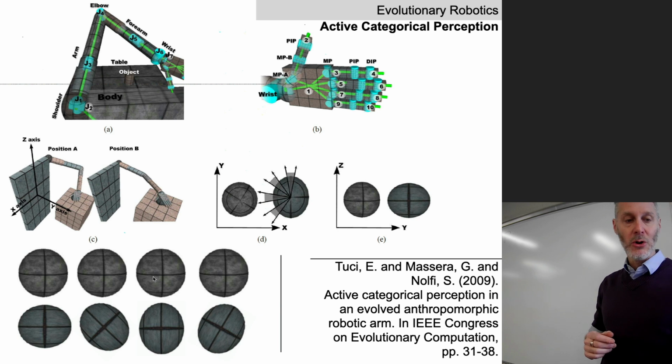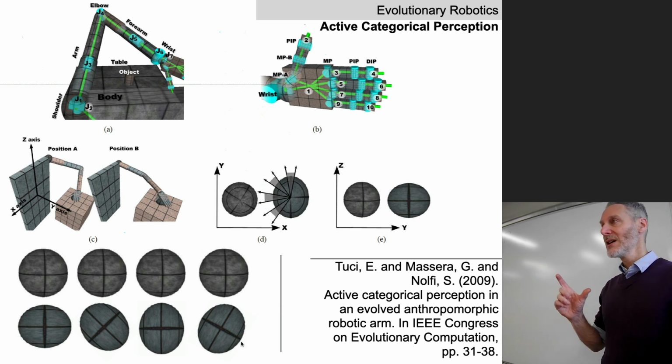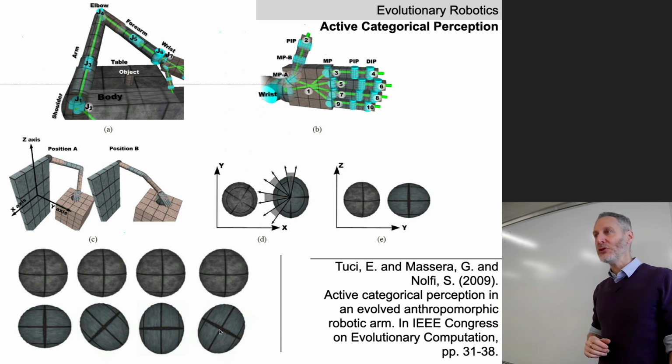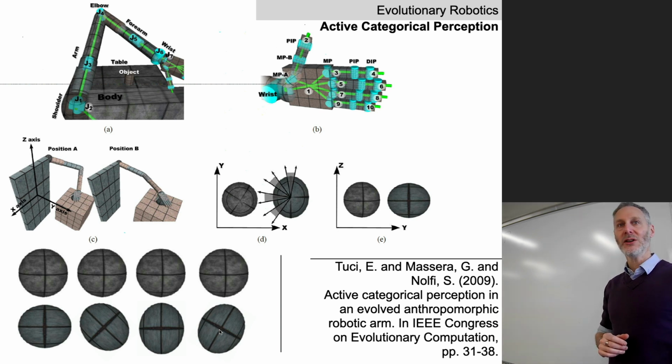There may be subtle differences between the objects you're being tasked with categorizing. In the case of the robot, it needs to be able to distinguish spheres from ellipsoids. The investigators chose the major and minor axes of these ellipsoids so that they look and they probably feel quite a bit like a sphere. That's the challenge in front of the robot. Just to remind you, it's an anthropomorphic robot.